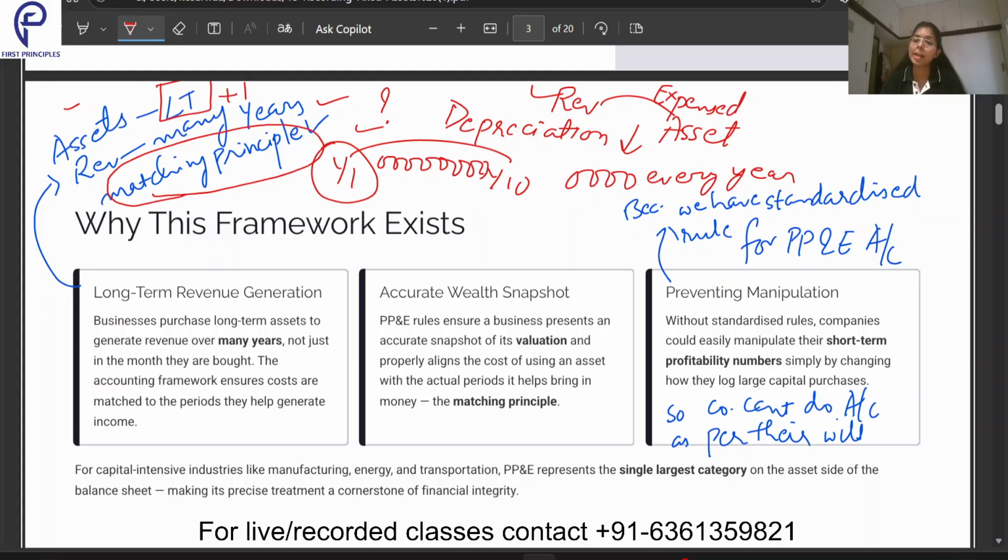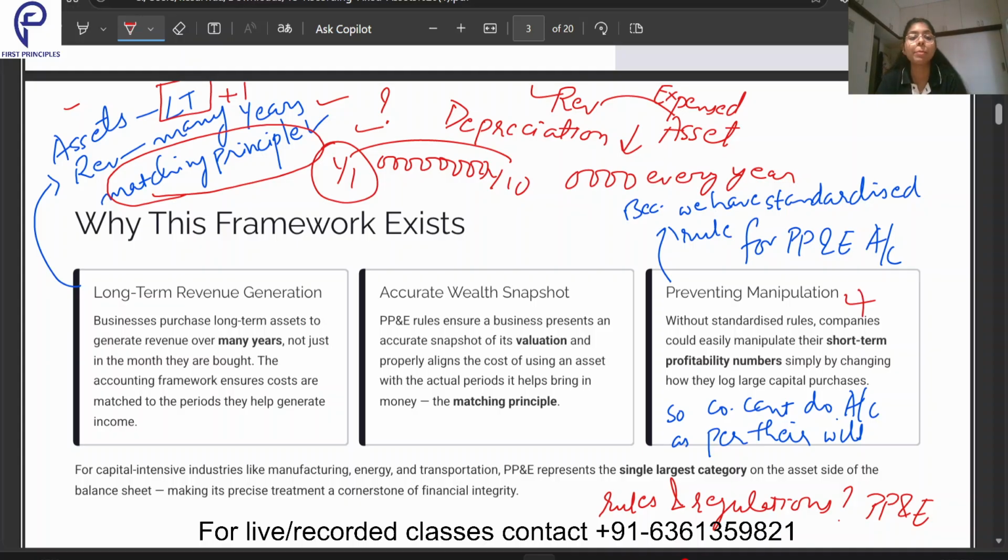Then also it prevents manipulation. Why? When we have a standardized framework like that, what does that mean? That we have certain rules and regulations regarding how to account for the PP&E, so there will not be any manipulation in the books of accounts.